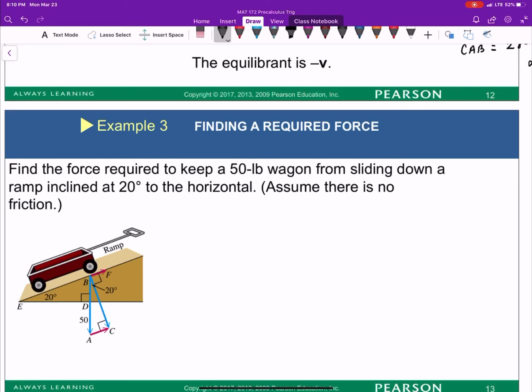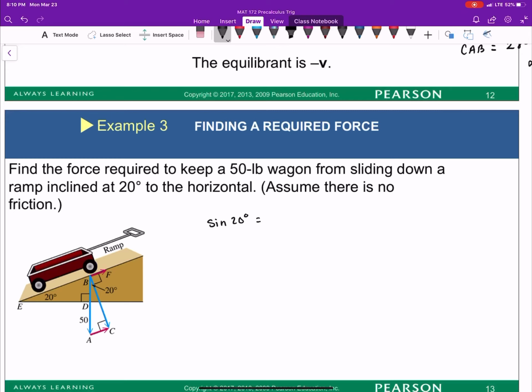As you see, we have the ramp, and we're pulling the wagon up the hill, or up the ramp. If we look at where the wheel is at, we've got one force going straight down. So let's look at this.